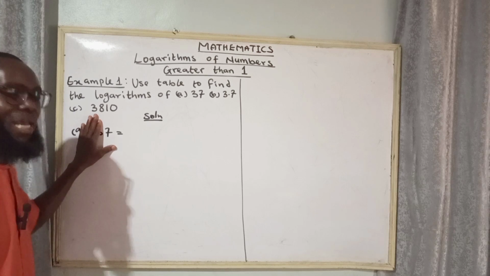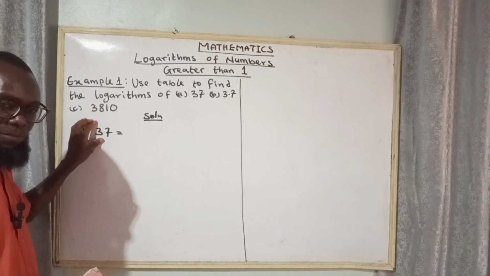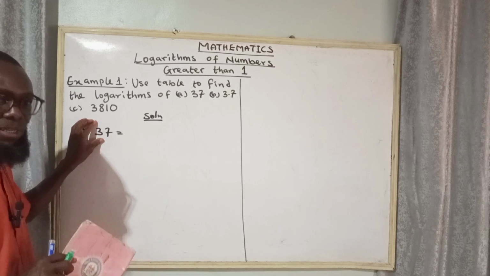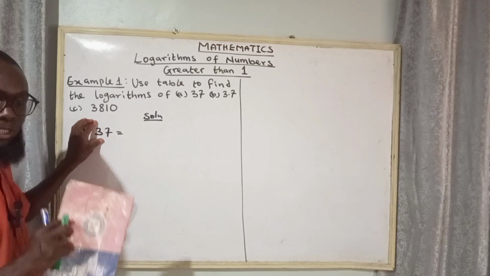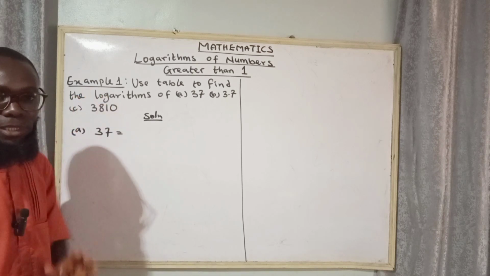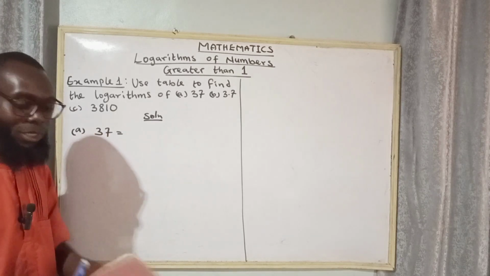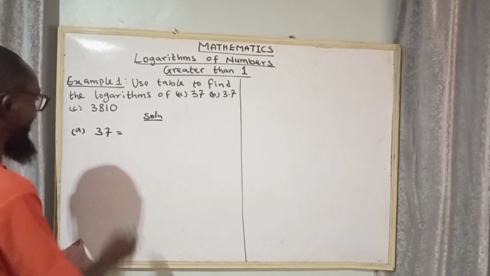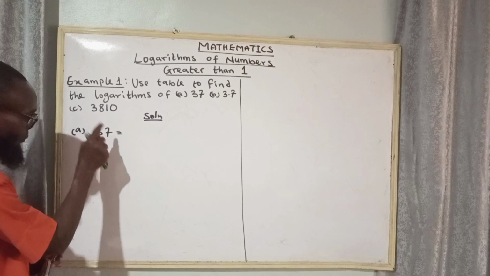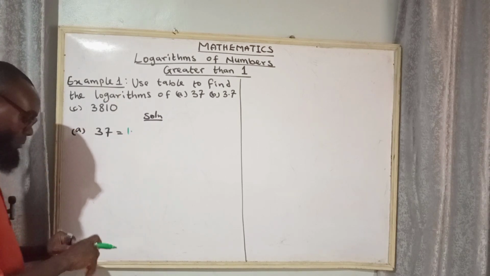Then you count how many digits are at the back of this first digit, but you must not jump any decimal point. When you get to the decimal point, you stop. Now, how many digits are at the back of this 3? We have just 1 digit. We call it 1 point.